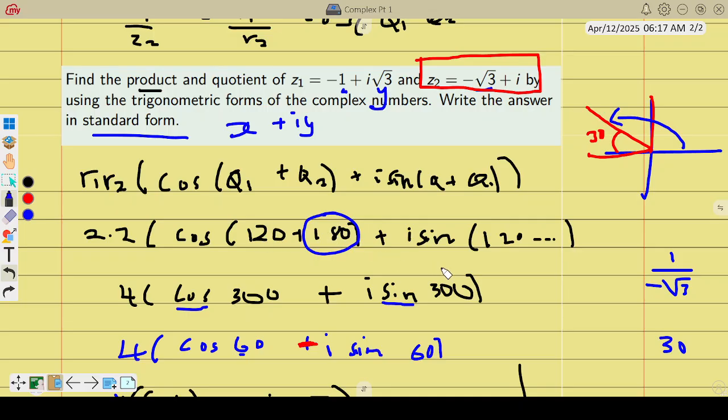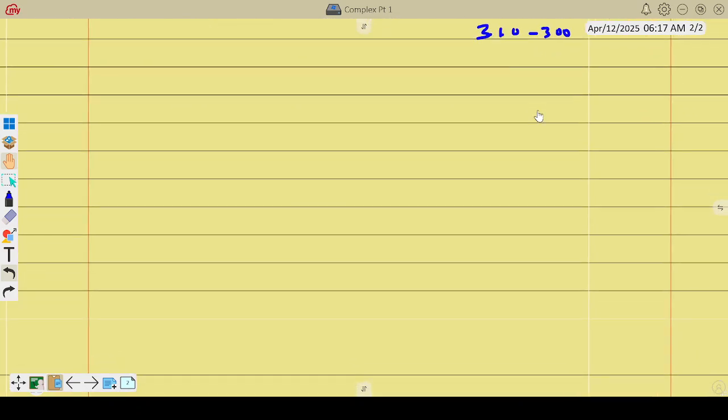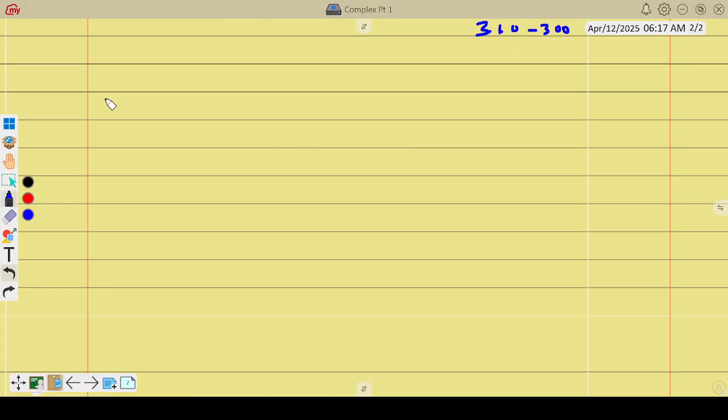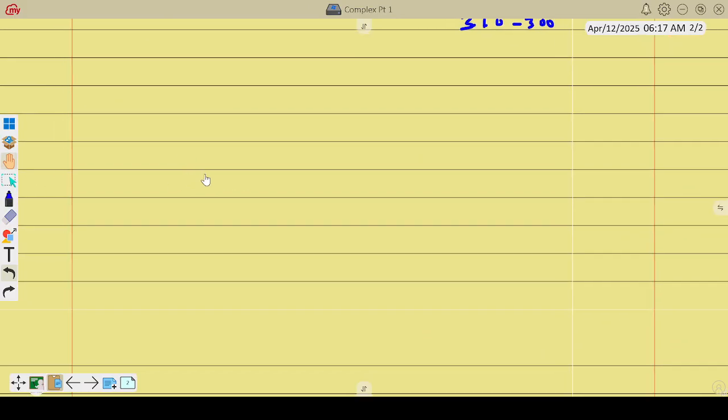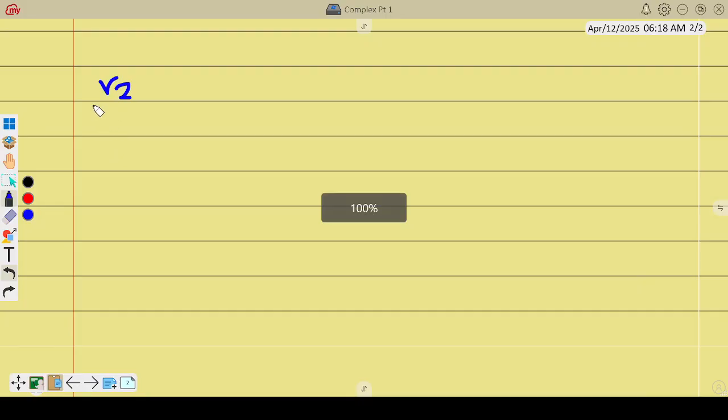So 120 plus 150, but you just go on to simplify. We just want to revise so that you get these. And then what about the quotient? They said we should also find the quotient.